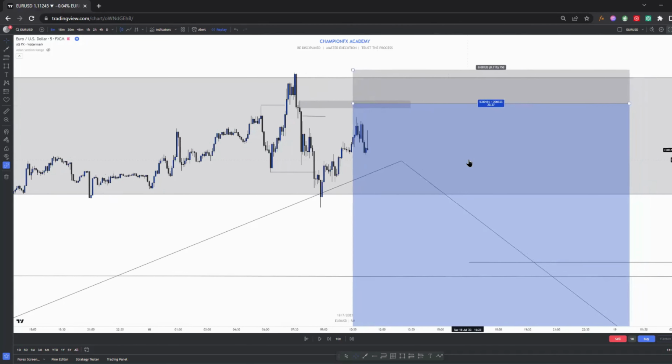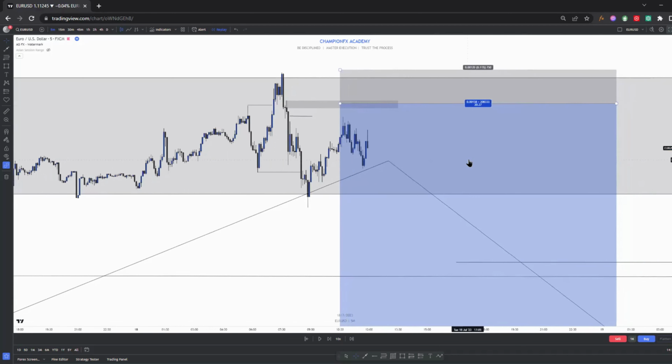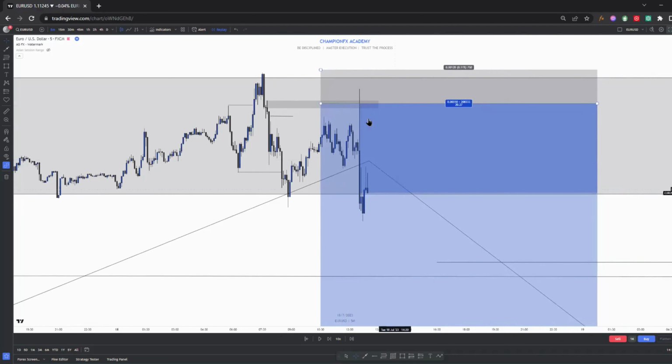And guys, guess what? Exactly what I was expecting to happen. There was a news effect that came in, and then poof, they came up as high as this particular area.